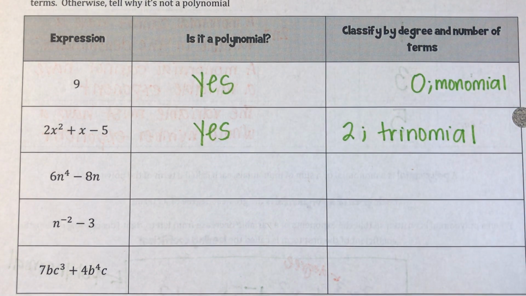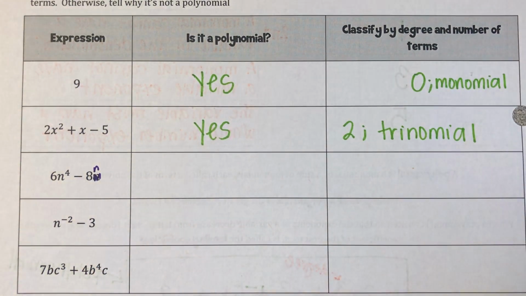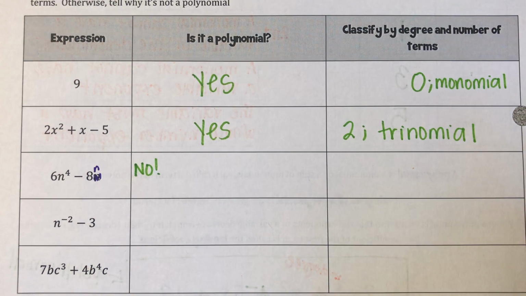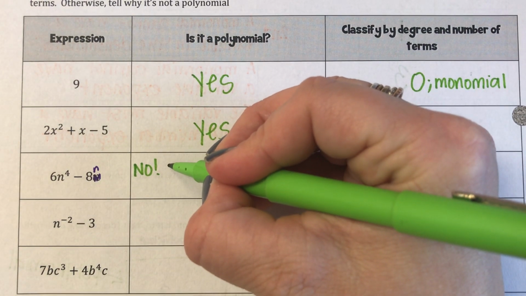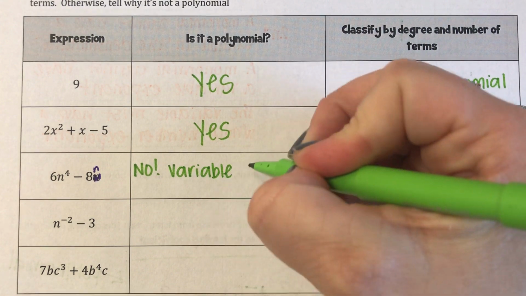Okay, and then I messed up. We're going to change this, and we're going to make it 8 to the n power. I just didn't superscript that. So make it 6n to the 4th minus 8 to the n. Is that a polynomial? No. It is not a polynomial because it has a variable exponent, right?